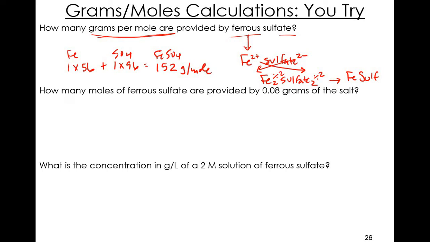Next question, how many moles of ferrous sulfate are provided by 0.08 grams of the salt? And so this is a chance to use the molecular weight of ferrous sulfate as a conversion factor. There's 152 grams per 1 mole. We want to know how many moles X in 0.08 grams of the salt.